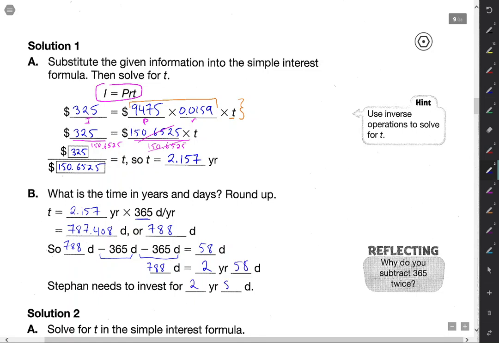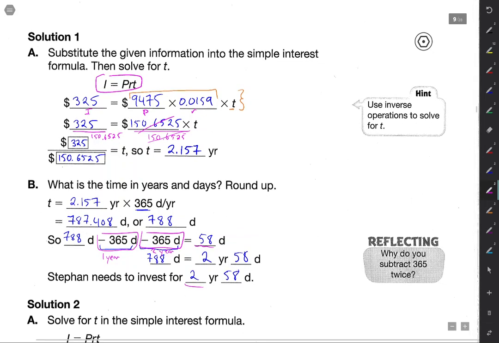So I'm just going to fill that in these blanks. And I hope that makes sense, because we subtracted a full year from those days here. So that's 1 year. And then again, we did that here. So that would be the second year. And then we would be left with only 58 days, so we can't get another year from that. So that's how we get 2 years and 58 days.